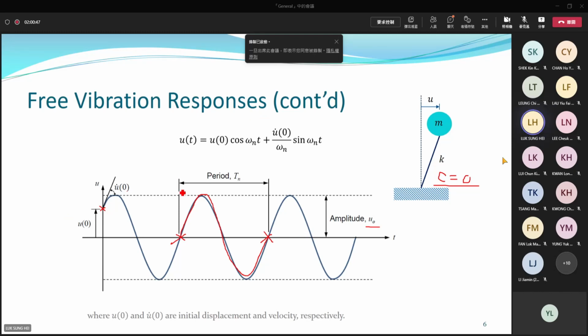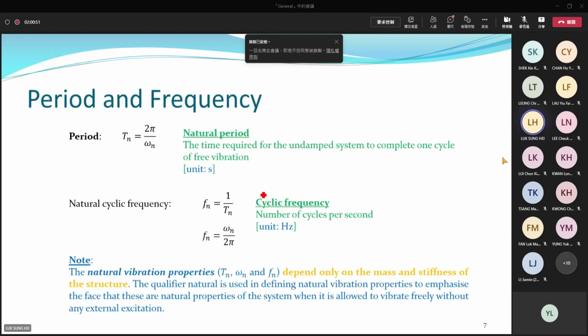Initial point, period, and vibration amplitude. There is some relationship between period and frequency. At the beginning, you have learned what natural frequency is. Natural frequency omega n equal to square root of k over m. Remember this equation, omega n.